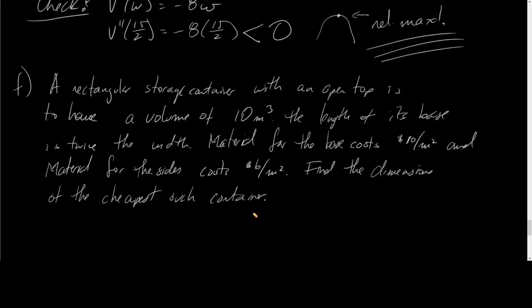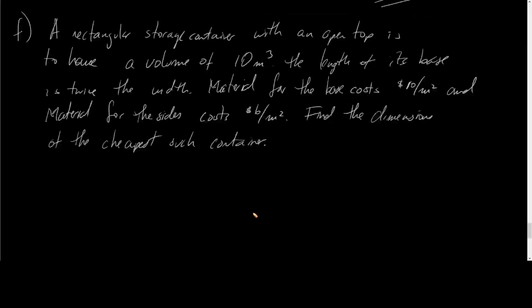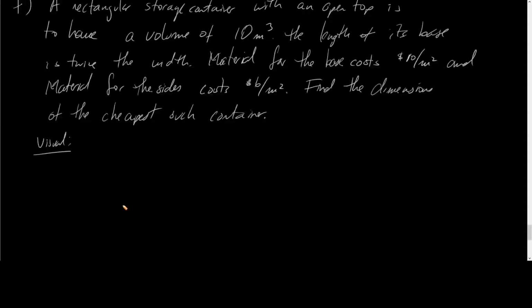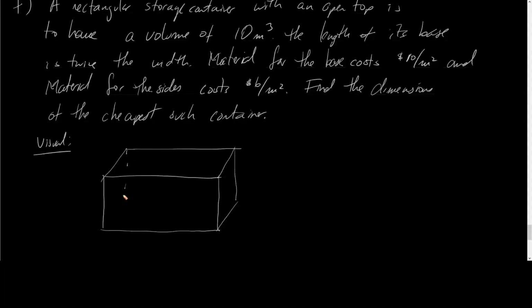All right. So here we go. Noticing here that we're also working with a rectangular solid, right? So here's our visual. Our visual is that we've got a rectangular box, right? So something like this. And what we're trying to do here is we're trying to minimize the cost of this box.